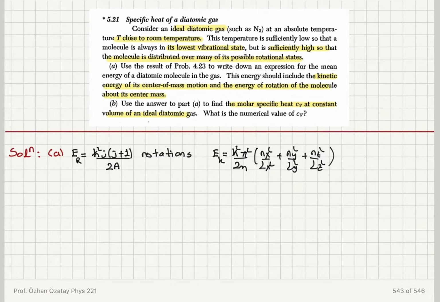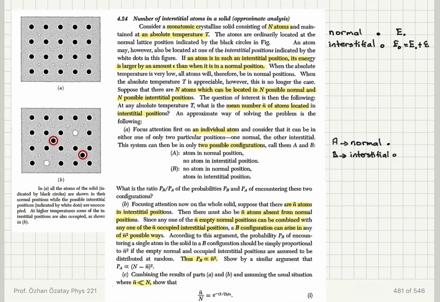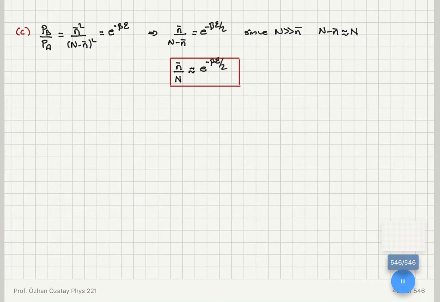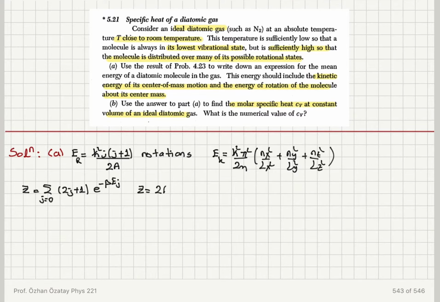Corresponding to these rotations, we have written the partition function as the sum over j of 2j+1, the degree of degeneracy, times e to the minus β E_j, and we obtained our partition function, 2AkT over ħ².